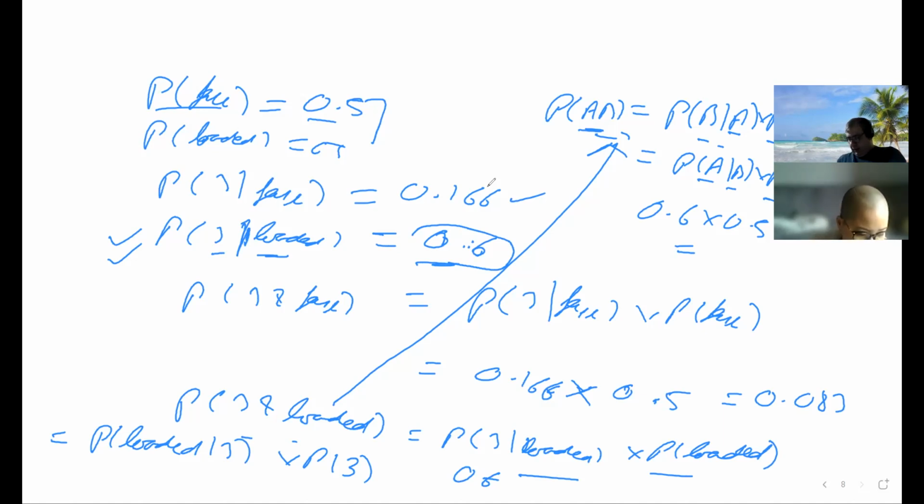Let's try. It's not easy, it will take time. Because whatever I'm teaching, this Bayes theorem and all these things, for this you must have a basic idea of probability. Bayes theorem is higher-level probability.